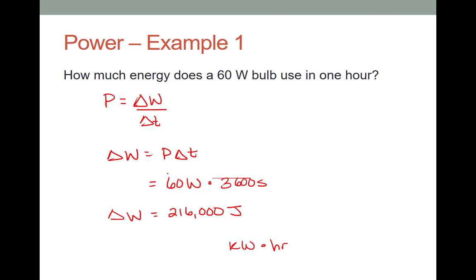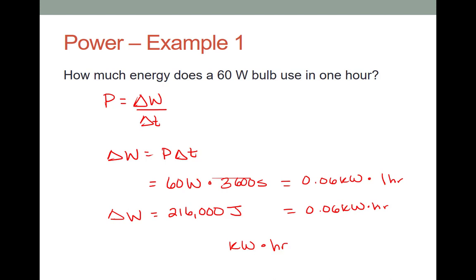So they increase the unit here and they increase the unit there. If we convert our units, 60 watts would be 0.06 kilowatts. And then we can just multiply by 1 hour to get units of hours. So equivalently, this would be 0.06 kilowatt hours, which, if you look at your power bill, which is really an energy bill, doesn't seem so bad.